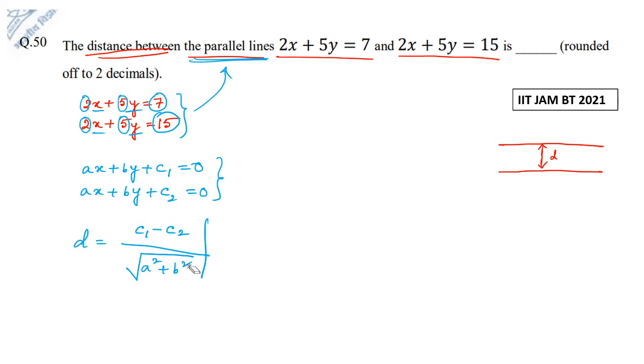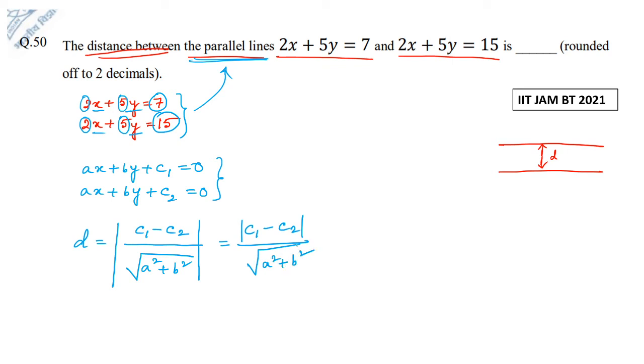I should write it in a proper manner. Here you can see that root over a square plus b square is always positive. Only c1 minus c2 can be negative. So we write mod of c1 minus c2 divided by root over a square plus b square.